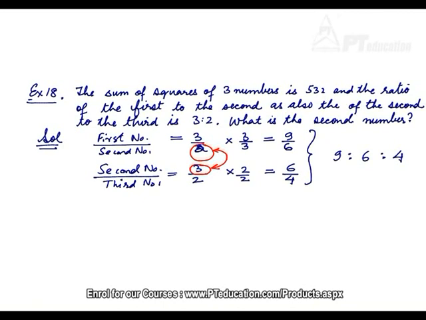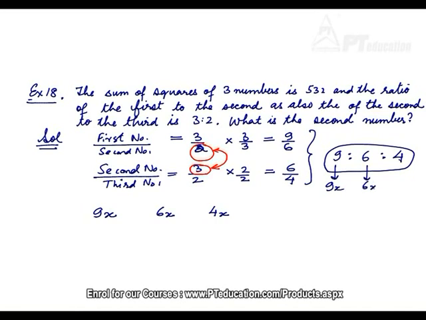So these are the three numbers in this ratio. Now the condition given to us is the sum of squares of the three numbers is 532. So let us say the first number was 9x, the second was 6x, and the third was 4x. Because remember, when the numbers were in this ratio, 9:6:4, this is just a ratio. We'll have to put some x here.